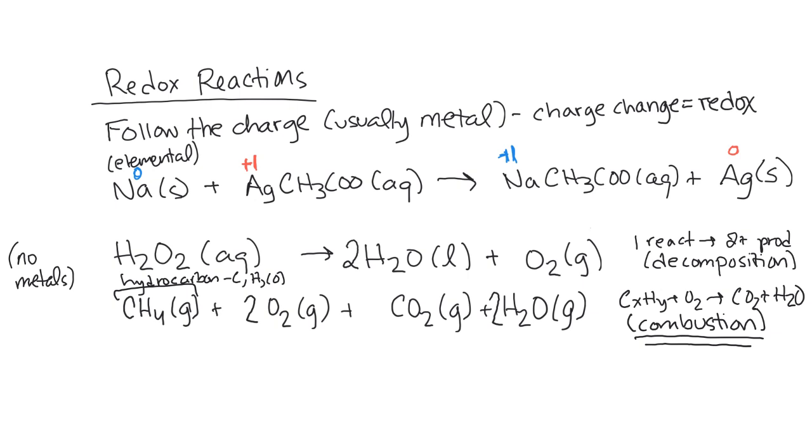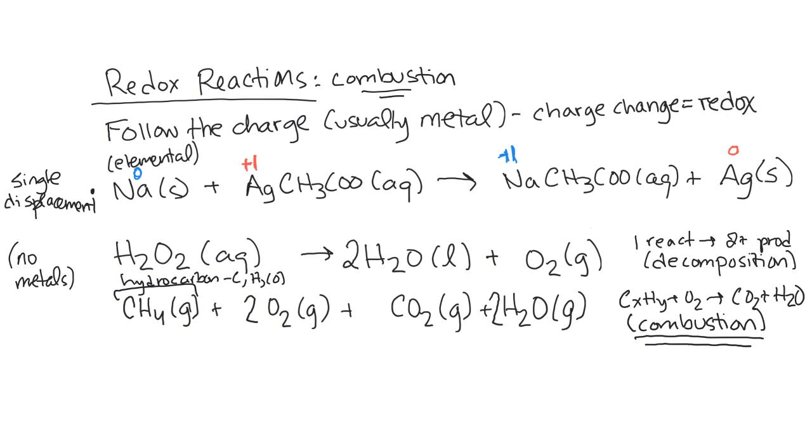And if you remember correctly, combustion from our first slide is a redox type. This type up here, where sodium reacts with silver acetate, is what we call single displacement.